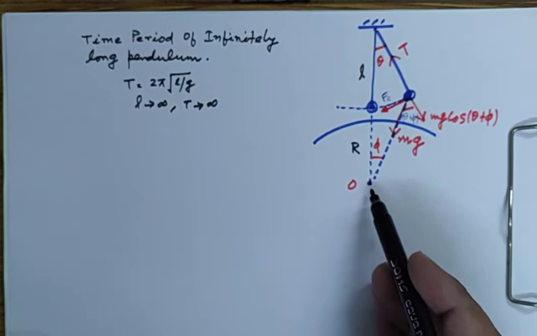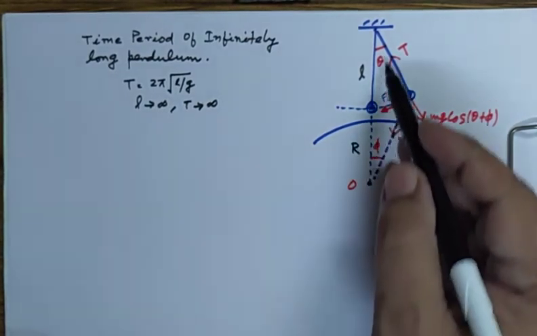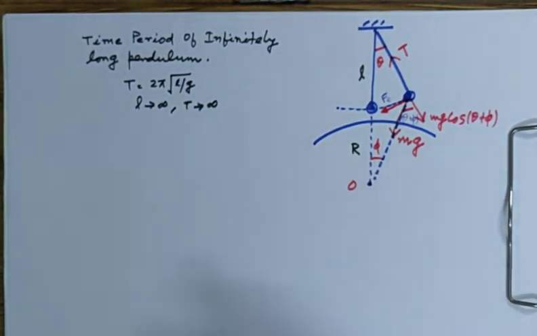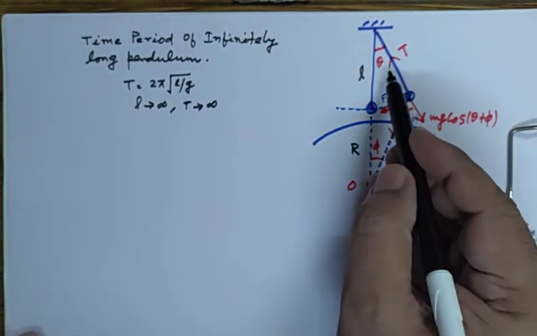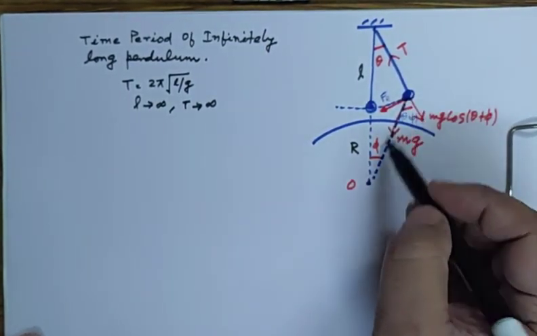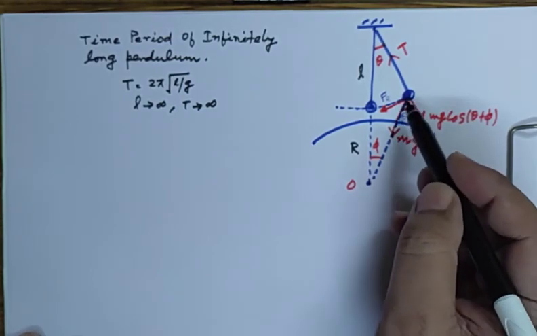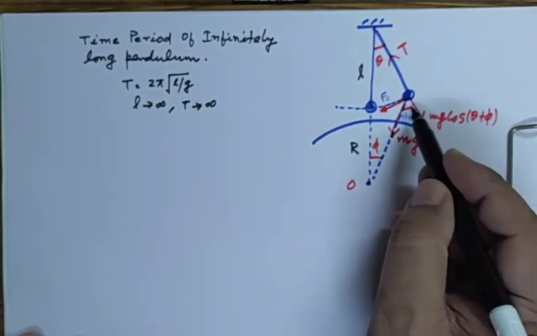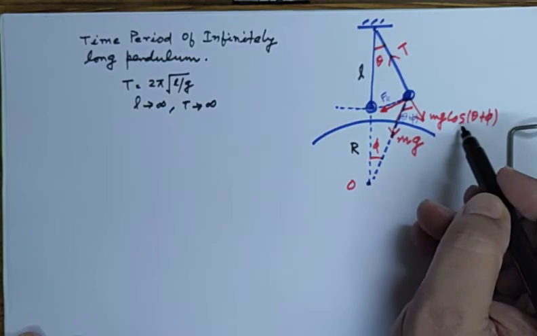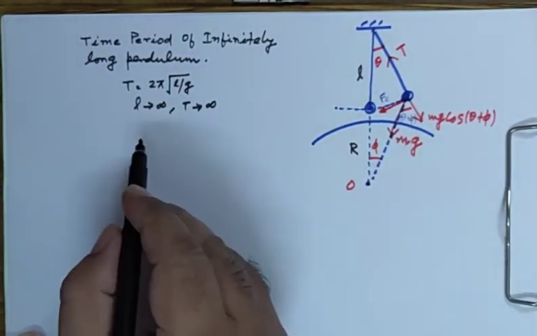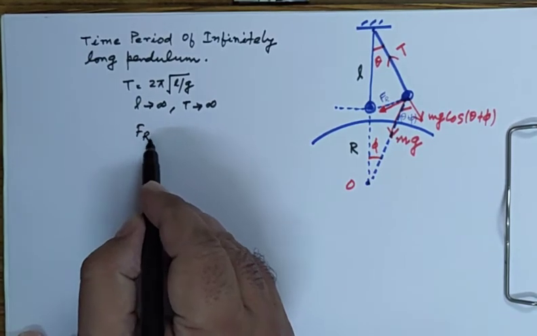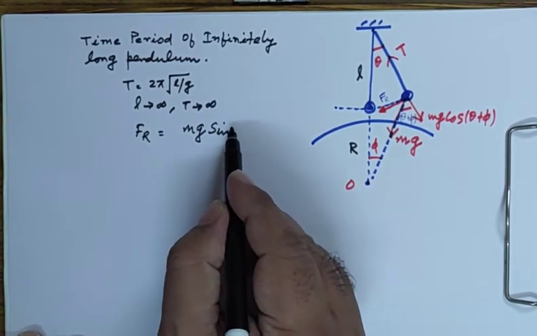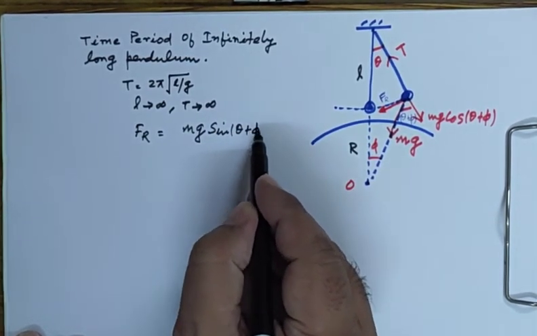Now in this situation, suppose the angle between the vertical line and the weight line is φ. Here the tension in the thread is T, the weight is mg, and there are two components of the weight. Fr is the restoring force which acts on the pendulum, and it is mg sin(θ+φ).